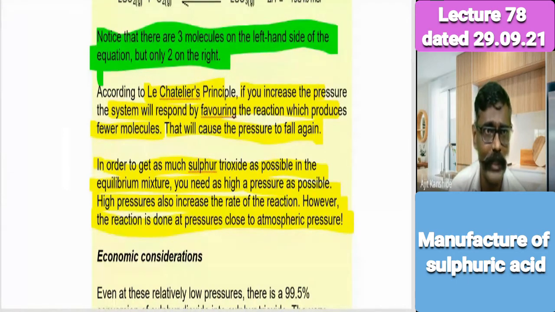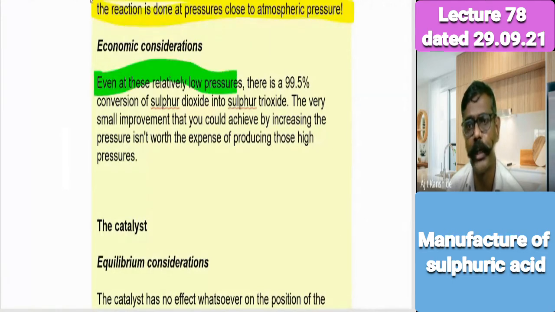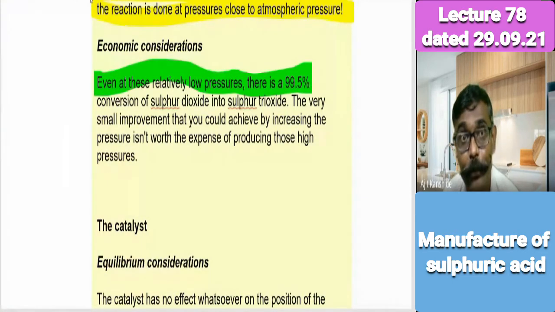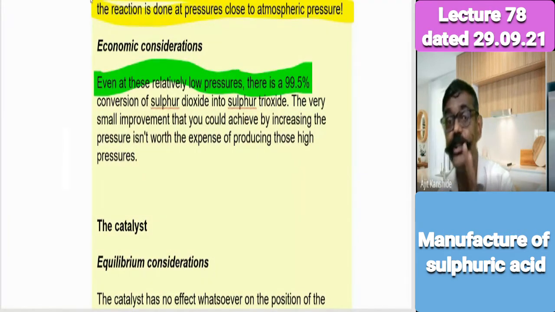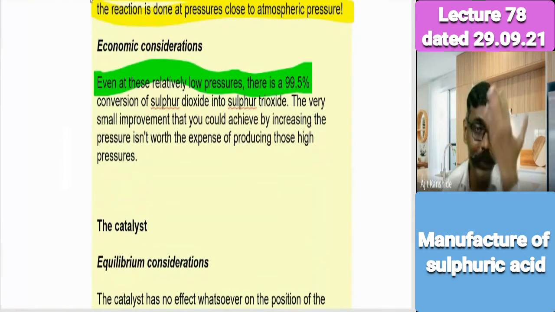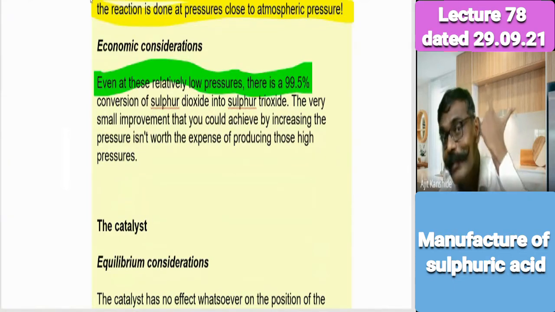Now see the next point, about economic consideration. Even at this relatively low pressure, there is a 99.5 percent yield, a considerably high yield. So why waste money increasing the pressure? Just like we decided, why waste money decreasing the temperature?